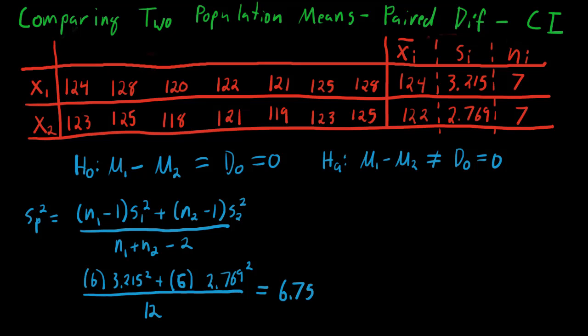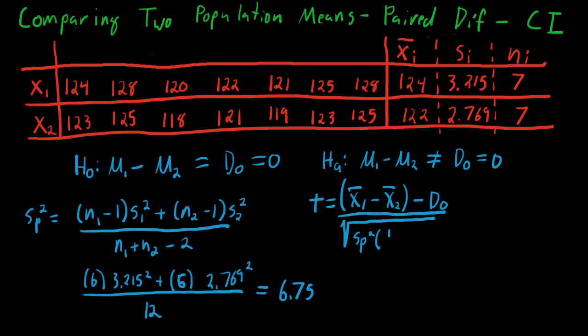Now we're going to plug that into our t value, or our test statistic. We have t equal to x1 bar minus x2 bar minus d0, all divided by the square root of sp squared times 1 over n1 plus 1 over n2. We'll fill in those values.